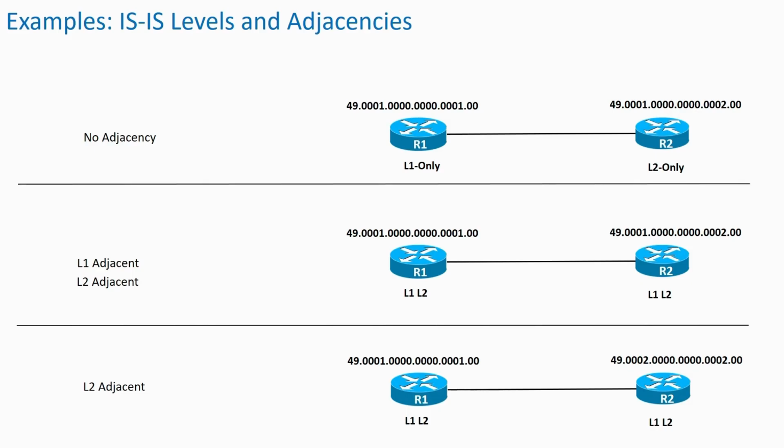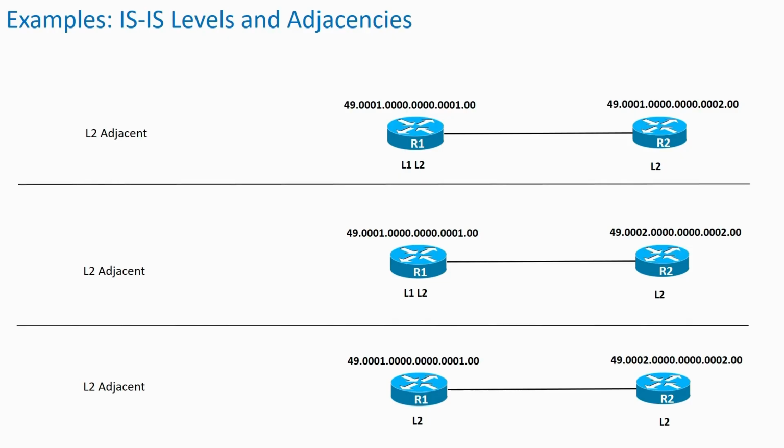In the third example, both routers are L1 L2 capable but they are in different areas. Router R1 is in area 49.0001 and router R2 is in area 49.0002. So they cannot form L1 adjacency, but they will form L2 adjacency since to form L2 adjacency, routers do not need to be in the same area.